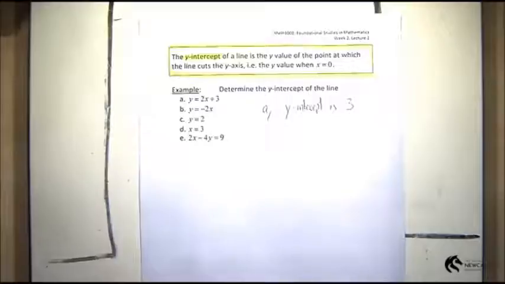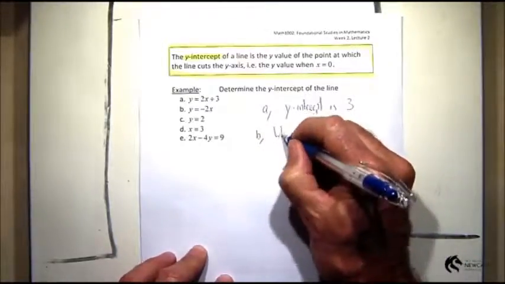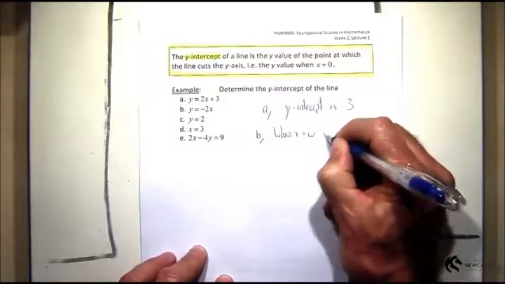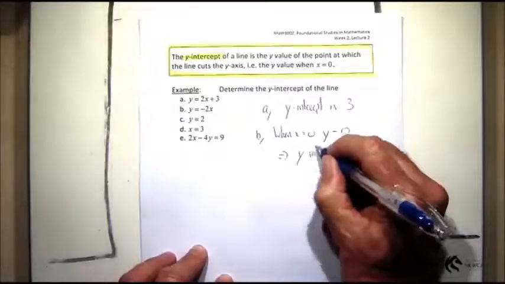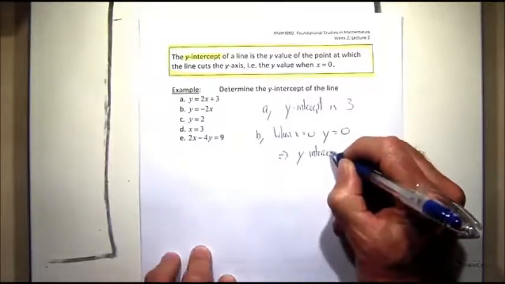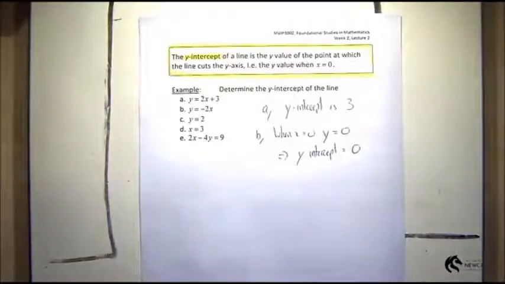So in part B, without looking at the picture, I can say when x is equal to 0, y is equal to 0. So that tells me that the y-intercept is 0. That's what it says.